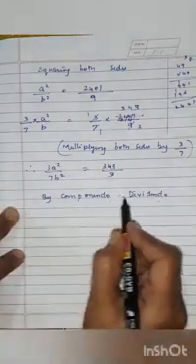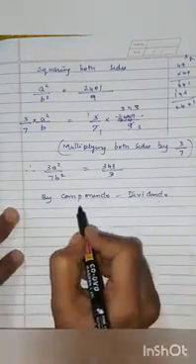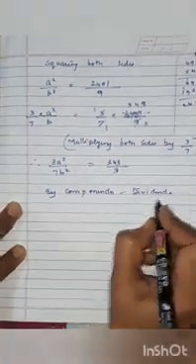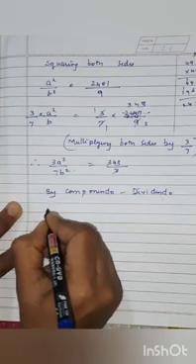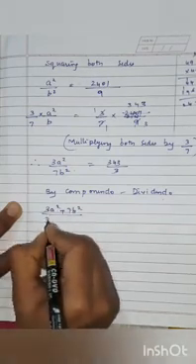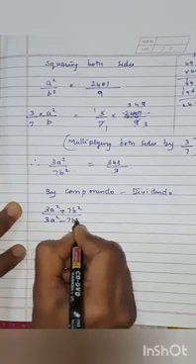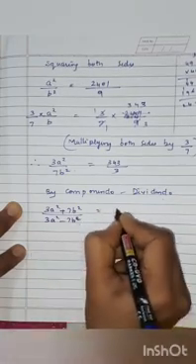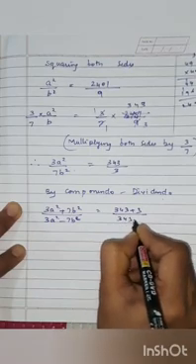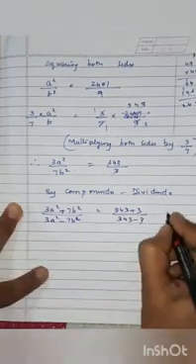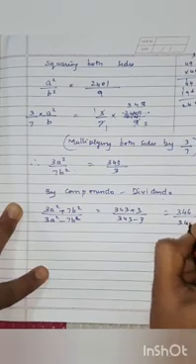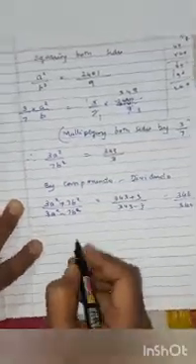Then again we have to use the property of componendo and dividendo. So we get (3a² + 7b²)/(3a² - 7b²) equals (343 + 3)/(343 - 3), which is 346/340.